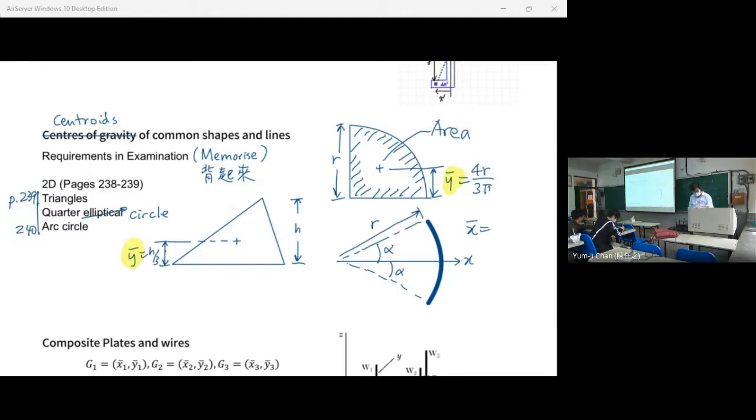And x bar is equal to r sine alpha over alpha. So you need to memorize these three in the examination, and I will not give you equations in the examination in 3 weeks' time.